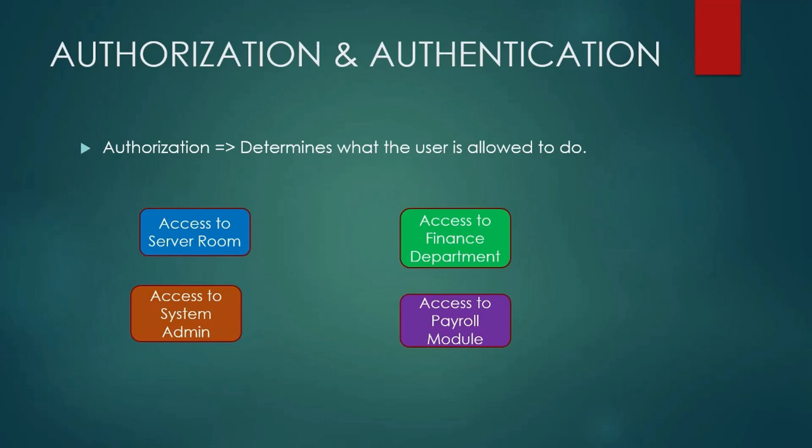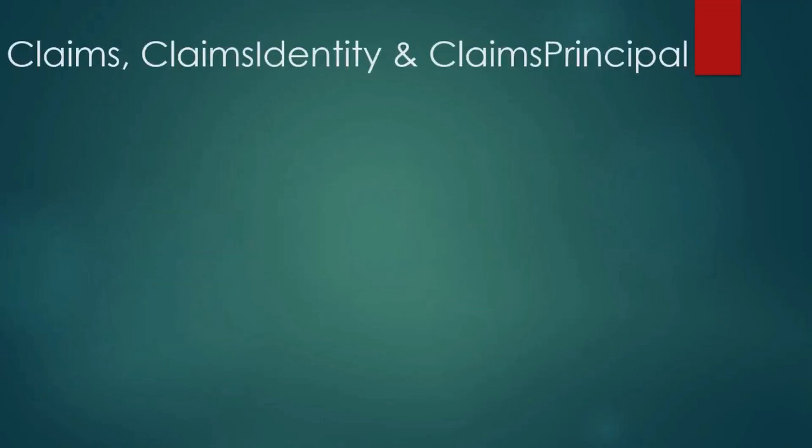To proceed, we need to understand what claims are so that you're able to see what claims-based authorization or claims-based access control is. For ASP.NET Core, you must understand these three key terms: claims, claims identity, and claims principal.